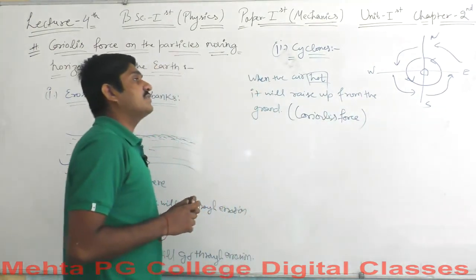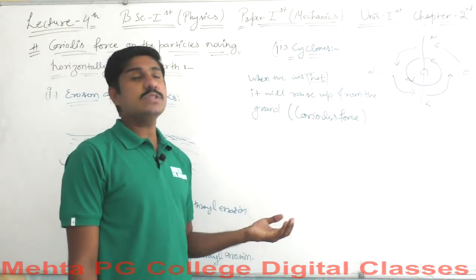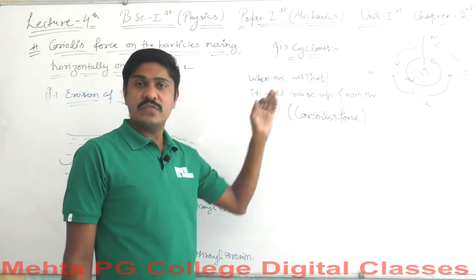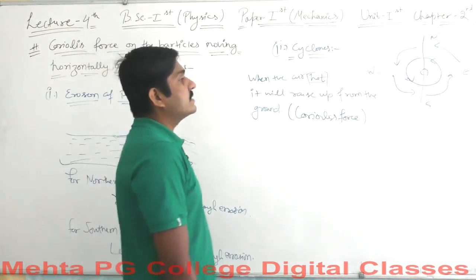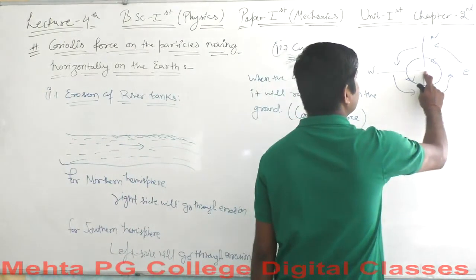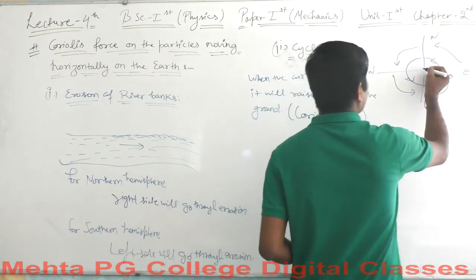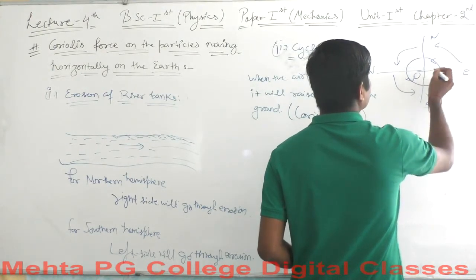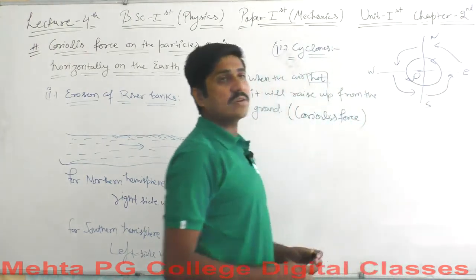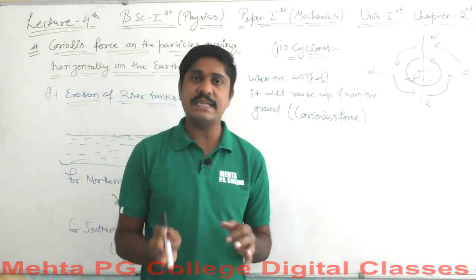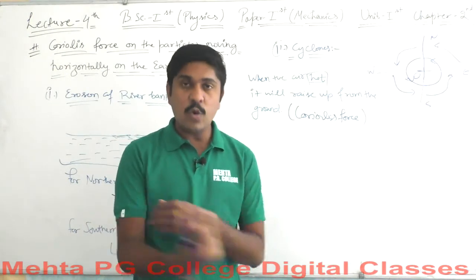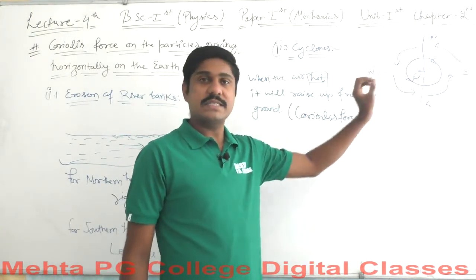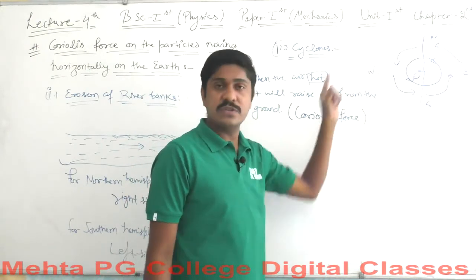So what exactly happens is, this will keep on rotating around a minimal center, this center O here. This center O is inside it, and inside there is no air, but the whole air is revolving around only this particular center here. So this is the center O here, and the whole air keeps on revolving around.